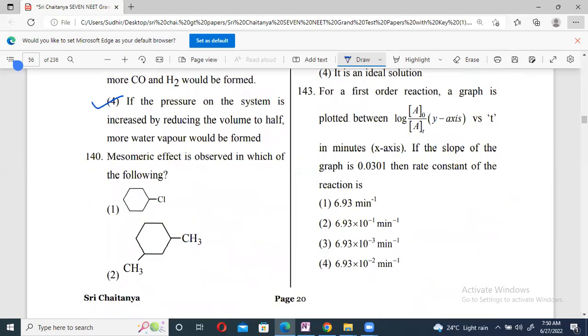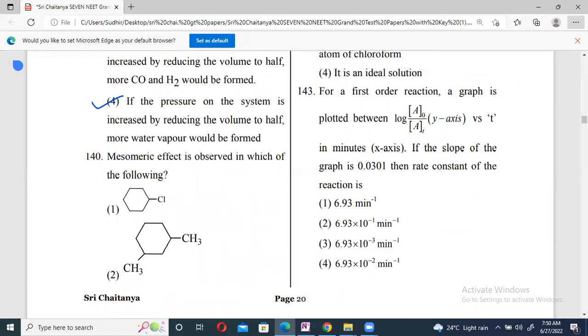For a first order reaction, the graph is given here. If the graph is plotted between these, you know, first order is written as k equal to 2.303 by t into log of initial concentration by concentration at time t. So log of A naught by A t equals k into t by 2.303.